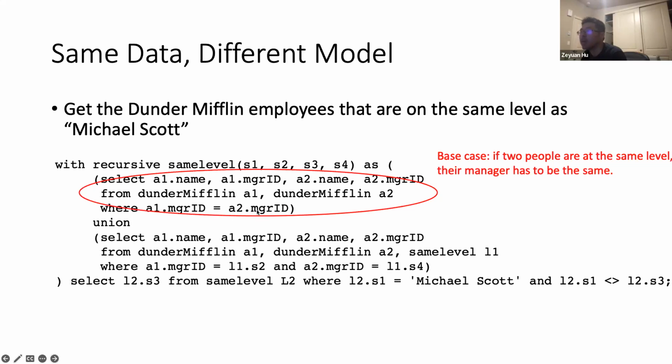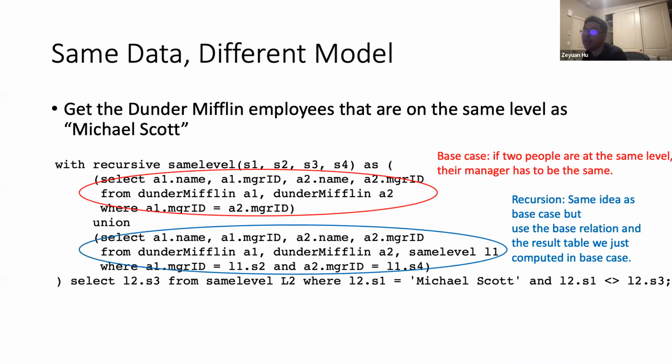We have some base case: if two people are at the same level, their manager has to be the same. Then we specify a recursion, with the same idea as the base case, but using the base relation and the result table we just computed in the base case, and then we return the necessary values. The point is that this recursive query looks much more complicated than the corresponding Cypher query.